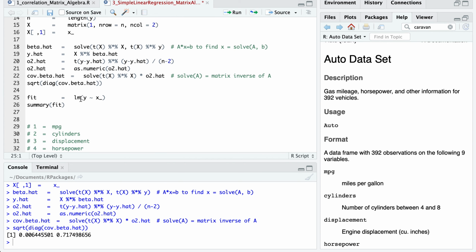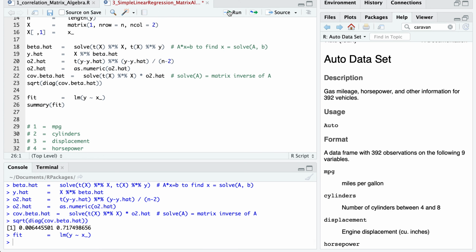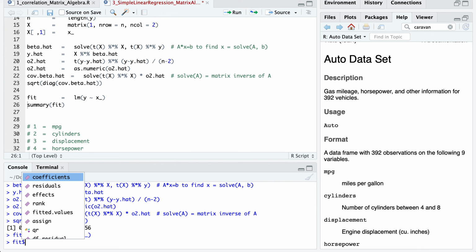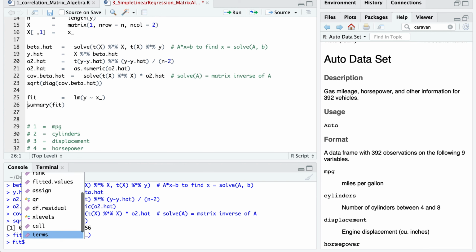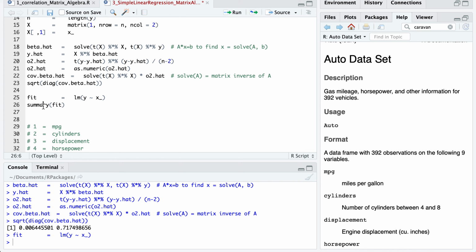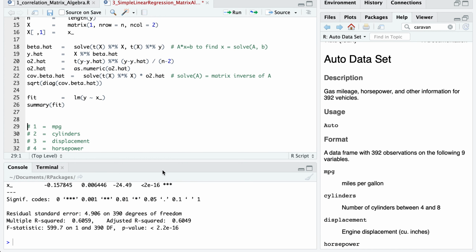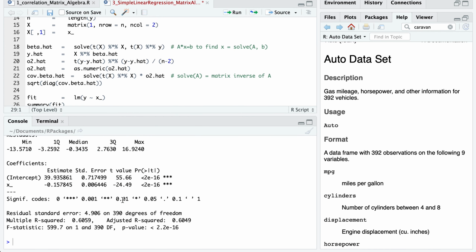Now in R, we can use the linear model function, where you essentially say, do a linear regression, regress y against x, and it gives you this object fit. This fit has many things, like the coefficients, residuals, etc. But we don't want that. We just call the function summary, and the function summary gives us everything we want. It says that the R square is 0.6.